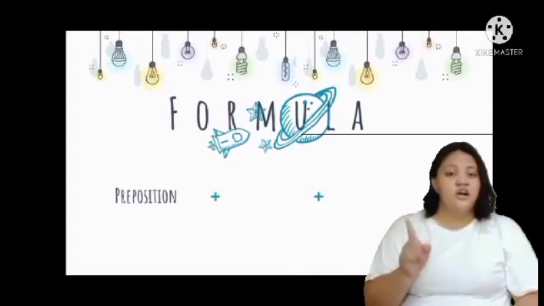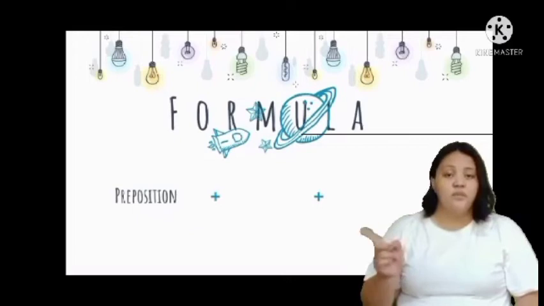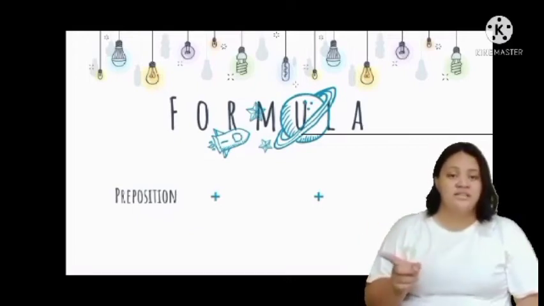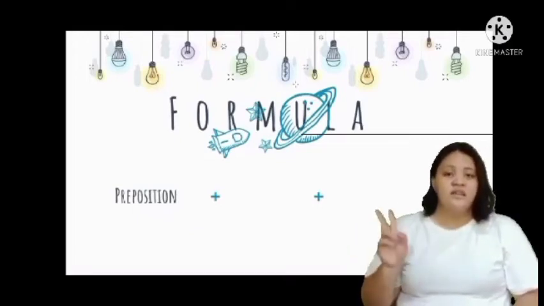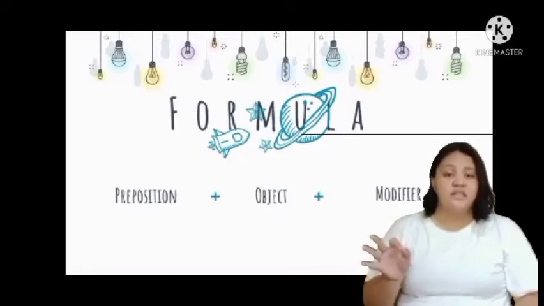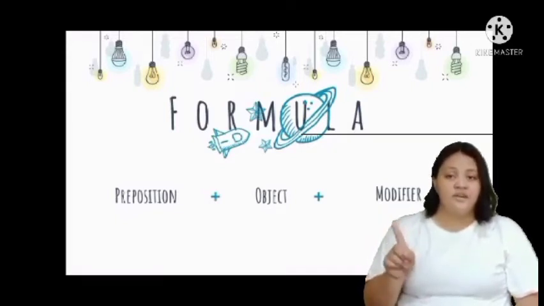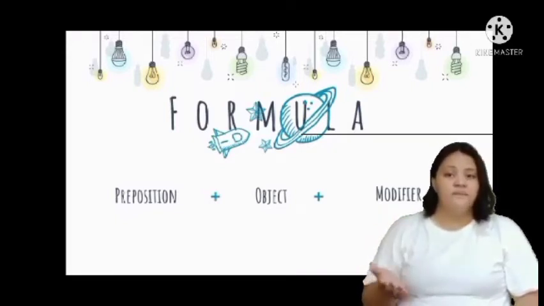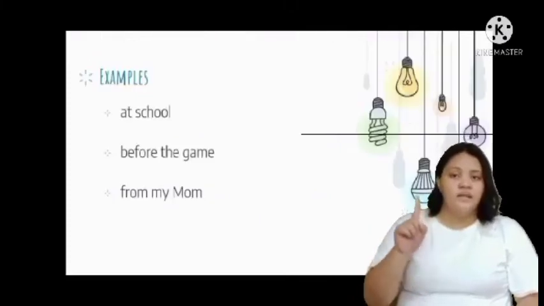Preposition, which are words used to link nouns or pronouns to other word parts in a sentence, plus the object, which is a noun or pronoun after the preposition, and then finally, the modifier, which describes or modifies the object.